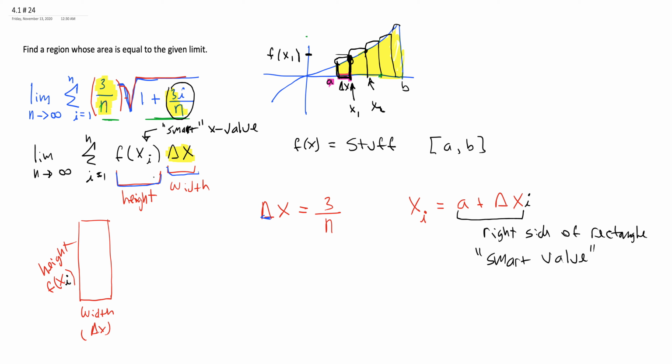Okay, so if that's your delta x i, then this guy is a. And you kind of know that because we're dealing with a function, f of x. So let's say our function is the square root of x. If f of x is the square root of x, then whatever you put in here needs to be whatever goes in there.